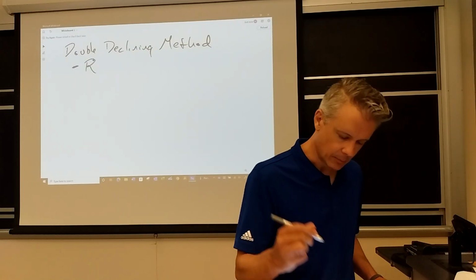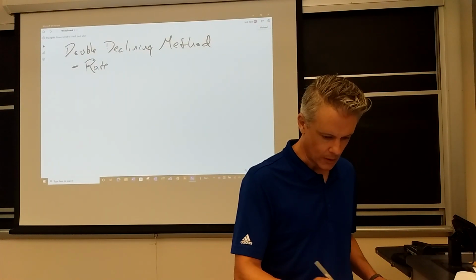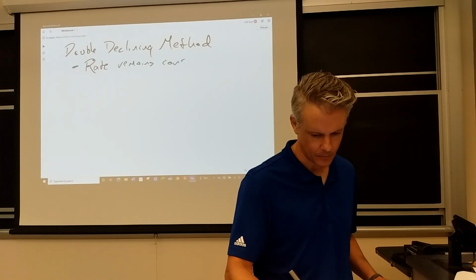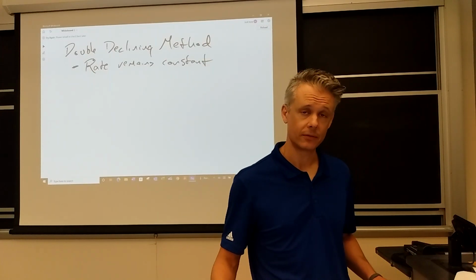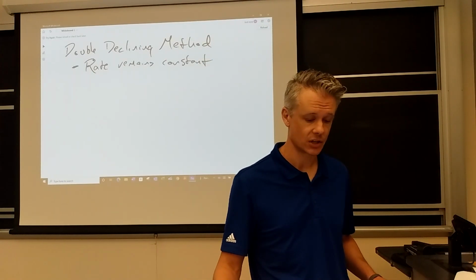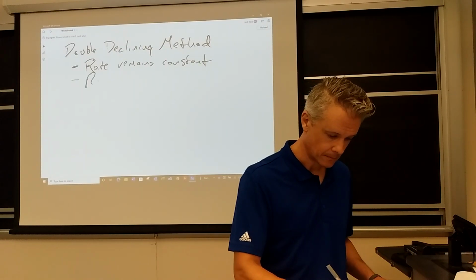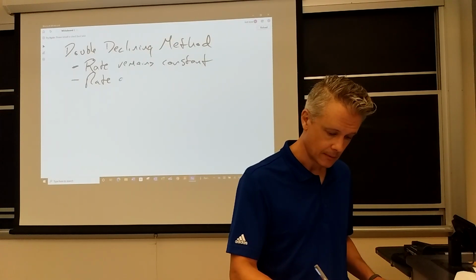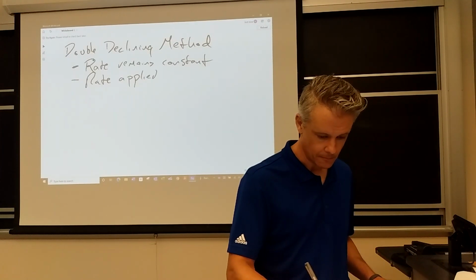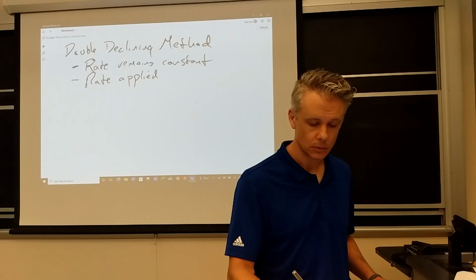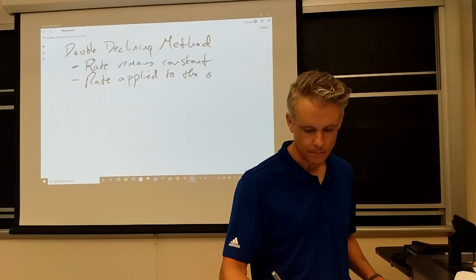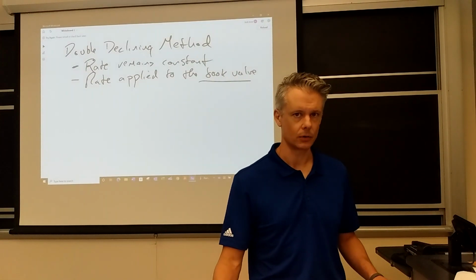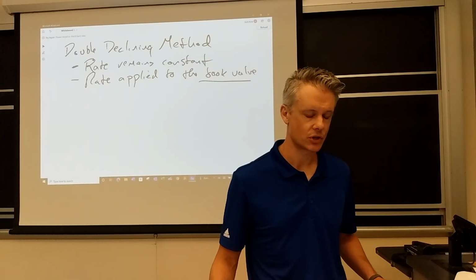So, with the double declining method, we'll have a rate that we apply, and this remains constant through the life of the asset and our depreciation of this asset. This rate that remains constant is applied to the net book value, not the depreciable base.